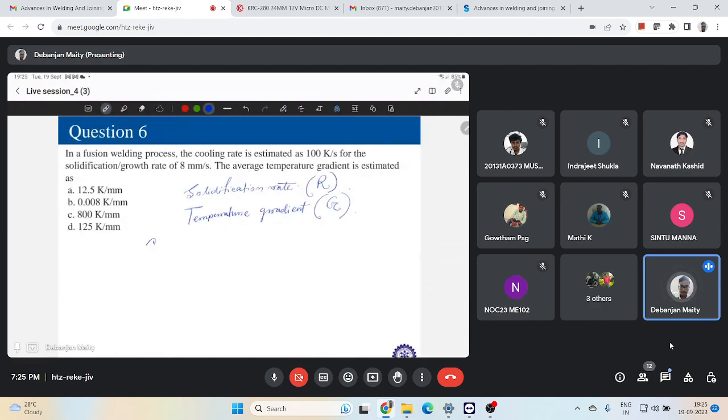Now, what will the cooling rate be over here? How can we define cooling rate? Cooling rate is basically your solidification rate times the temperature gradient.